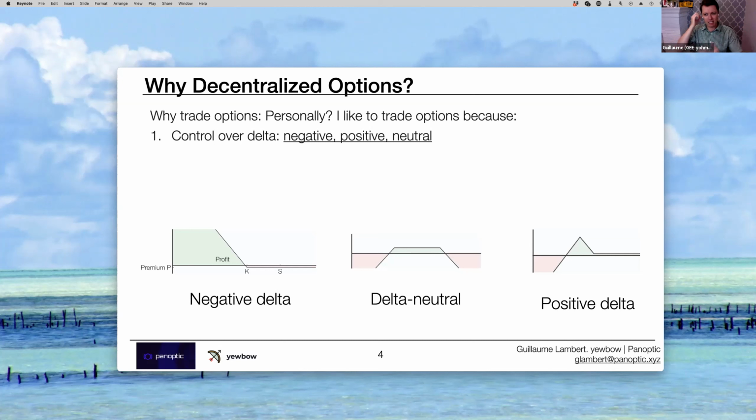And that's even with Hegic. Hegic allows you to buy calls and buy puts, and that's basically it. You can sell to some extent, but it's not as directional. What you want to be able to do is to sell exactly the payoff you want. And in TradFi, the market maker is going to be the one buying the option on the other side.